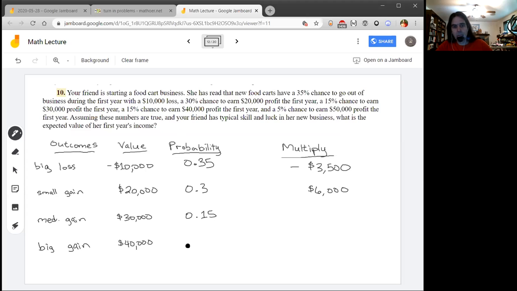Which happens another 15% of the time. And we have a huge gain. which happens 5% of the time. Everyone okay with my setup?